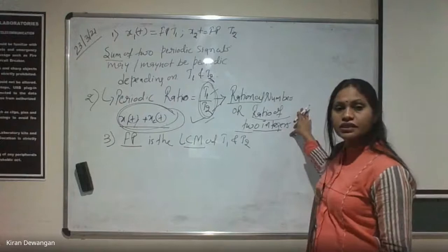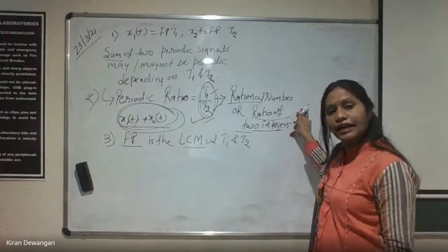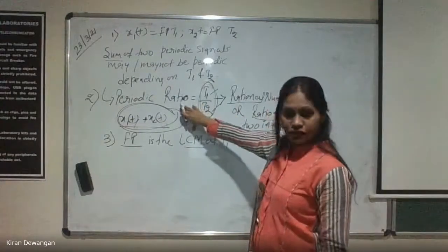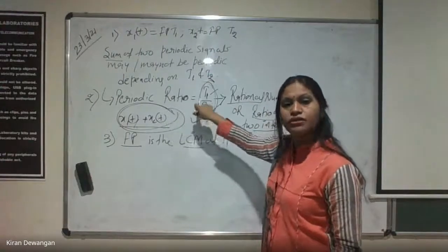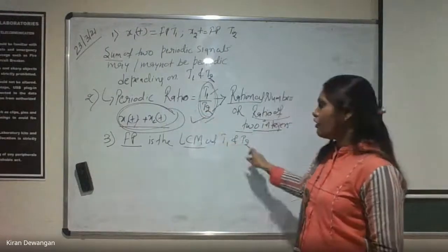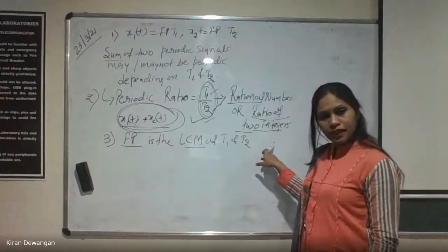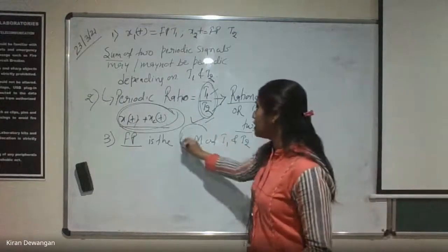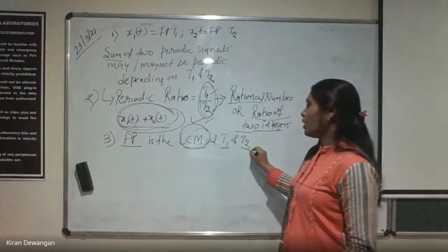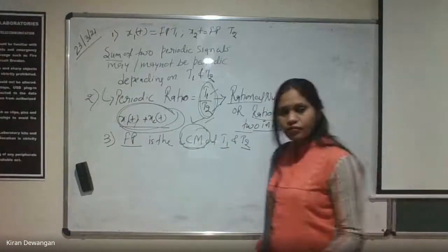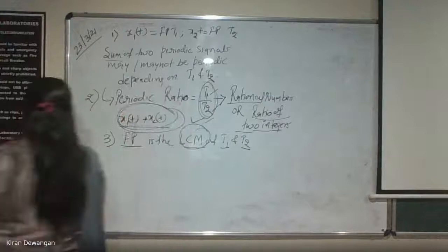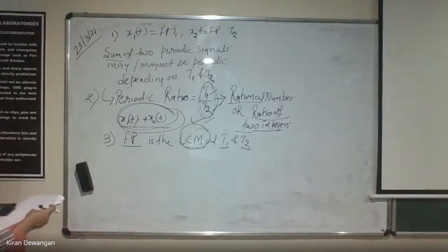If it is, then we can declare that x1(t) plus x2(t) is also periodic. After that, we can find the fundamental period of x1(t) plus x2(t) by taking the LCM of T1 and T2. Now this is all about the sum of periodic signals.